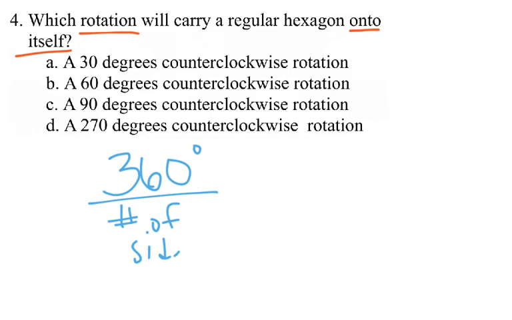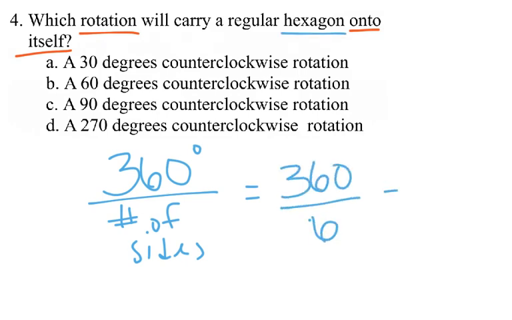And remember, the answer could either be the number you get when you do that formula or a multiple of that answer. A hexagon has 6 sides. 360 divided by 6 is 60 degrees, and that answer choice is right there. Also, answer choices could be 120, 180, 240, as long as it's going up by multiples of 60.